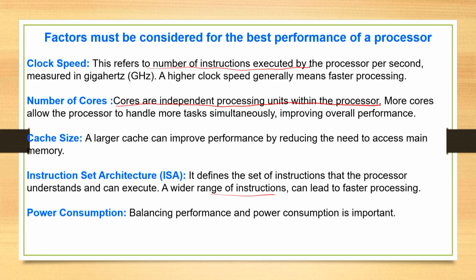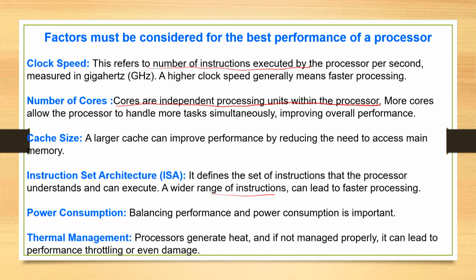Next is the power consumption. Obviously we go for the type of processor which needs less power consumption. Then thermal management: a processor emits, or generates, heat. In the case of supercomputers, we have a large number of processors, so the heat generation will be more.